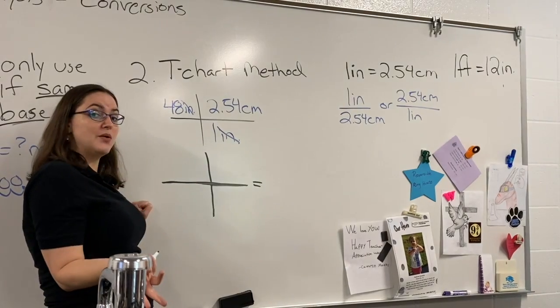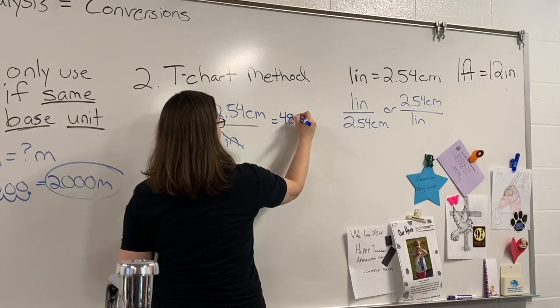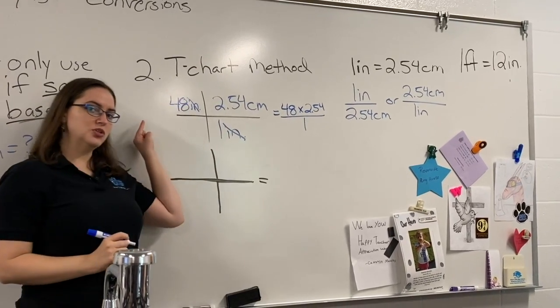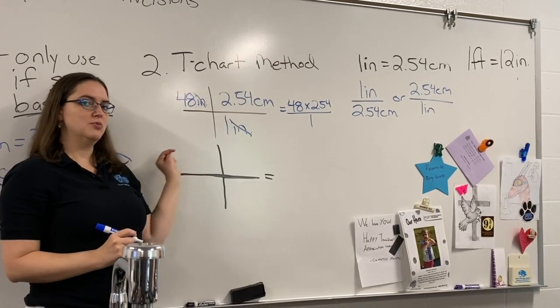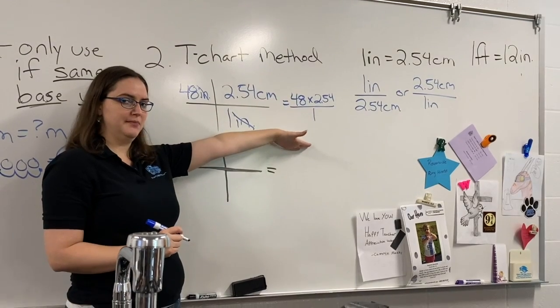Now that we've done that, we just simply do our math. You multiply everything on top, you multiply everything on bottom, and then you divide the top by the bottom.